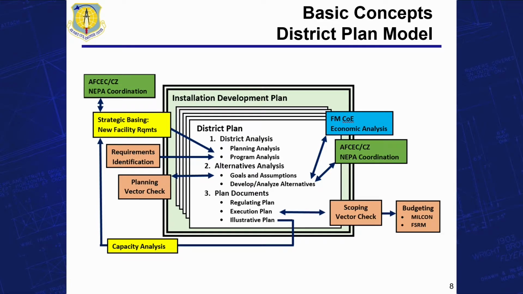FCEC is working with AFIMSC and others to build business rules that can support this strategic investment guidance concept. The other tan boxes show opportunities for higher headquarters to provide vector checks during the planning process, which will help ensure that the proposed planning actions are properly analyzed and scoped.